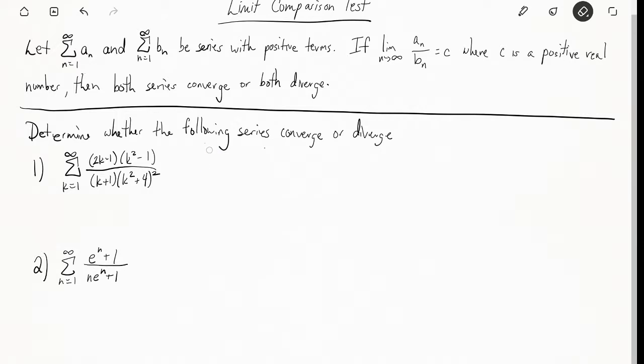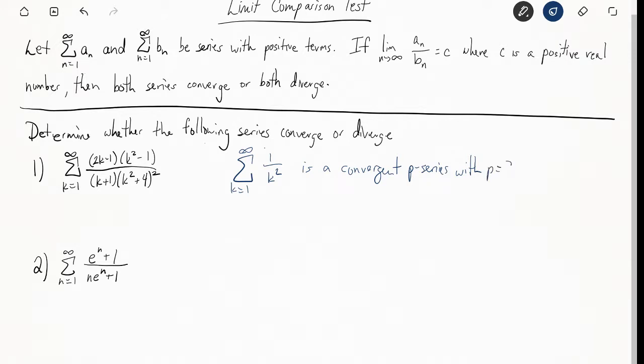As I mentioned, we know that the summation k equals 1 to infinity of 1 over k squared is a convergent p-series with p equals 2.